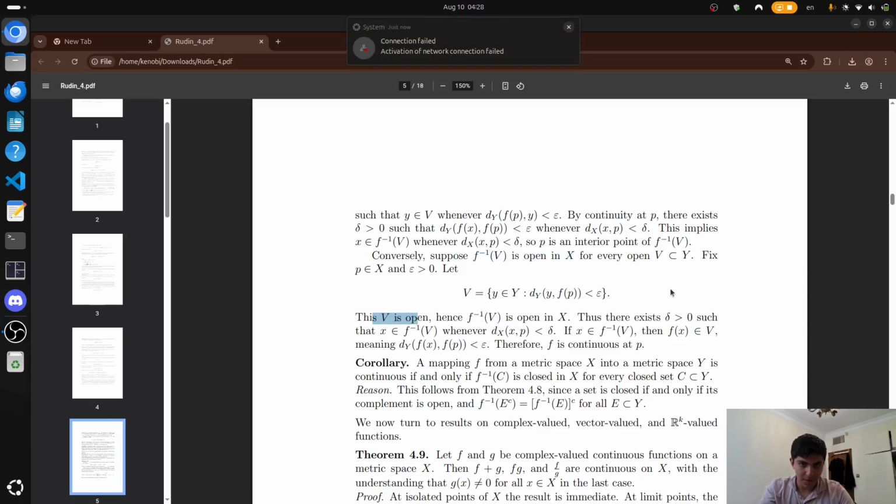This V is open, hence f inverse of V is open in X. Thus there exists delta greater than 0 such that x is in f inverse of V whenever d_X(x, p) is less than delta.